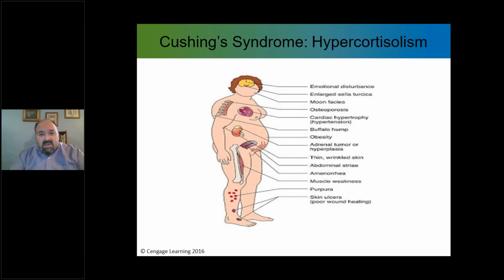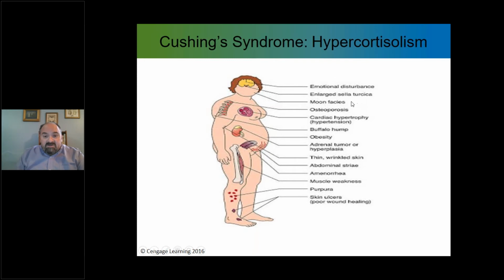And so we see here, as far as hypercortisolism, the increased levels of cortisol, the stress hormone, within the body can lead to an enlarged sella turcica, meaning the area of the skull where the pituitary gland sits becomes enlarged.